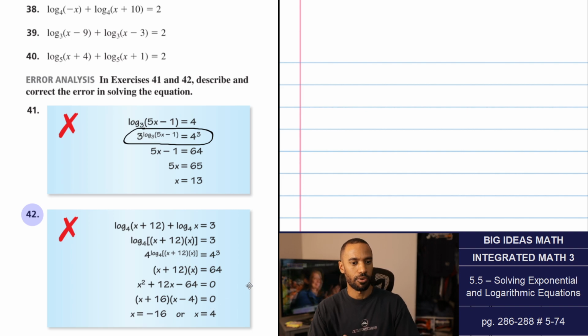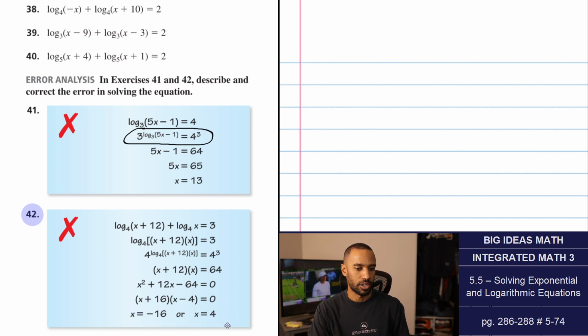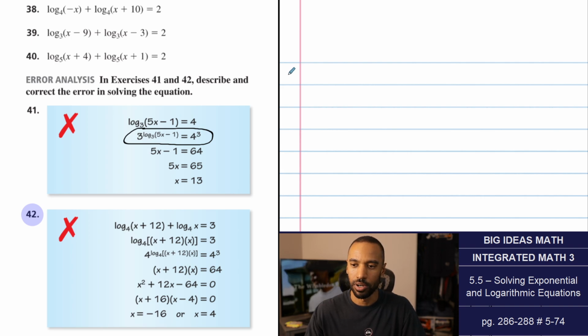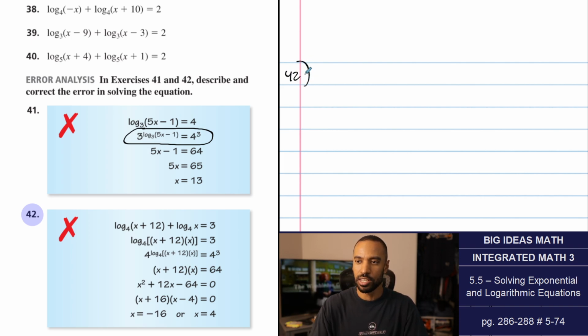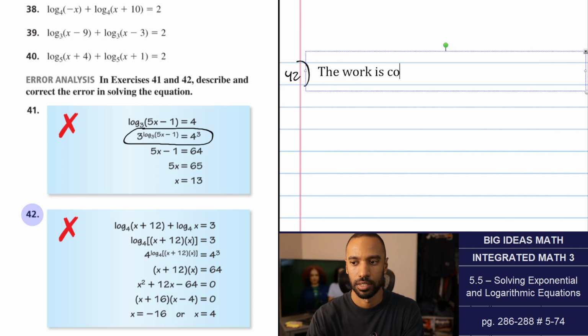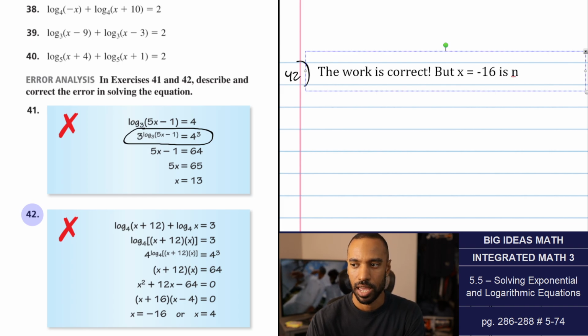And that's good. Negative 16 and 4. I guess the issue is the answers. One of them is extraneous. So listen, all the work looks great. The only problem is, and this is going to be very straightforward as far as correcting, negative 16 is extraneous. The work is correct. But x equals negative 16 is an extraneous solution.